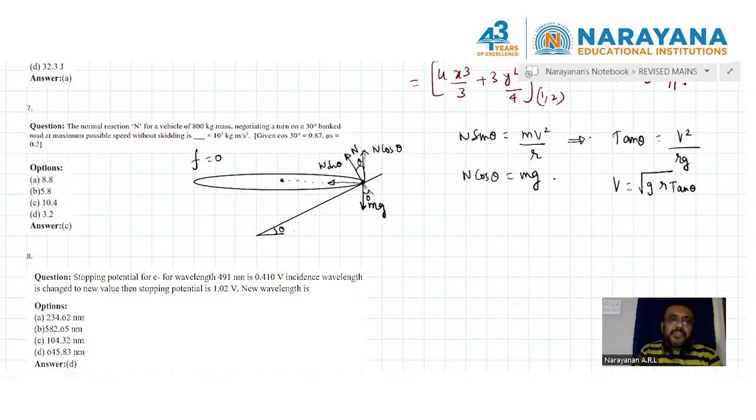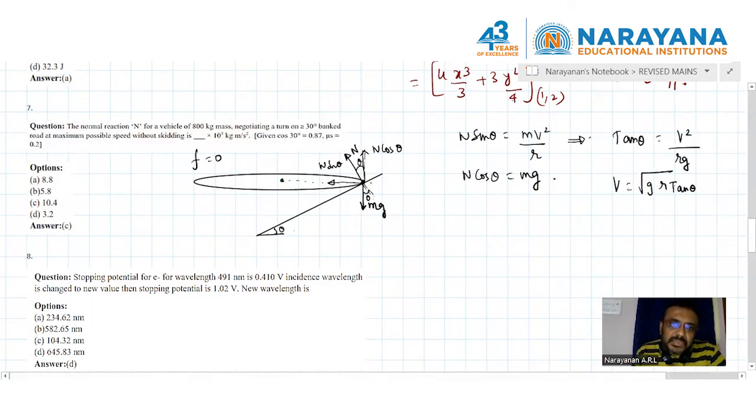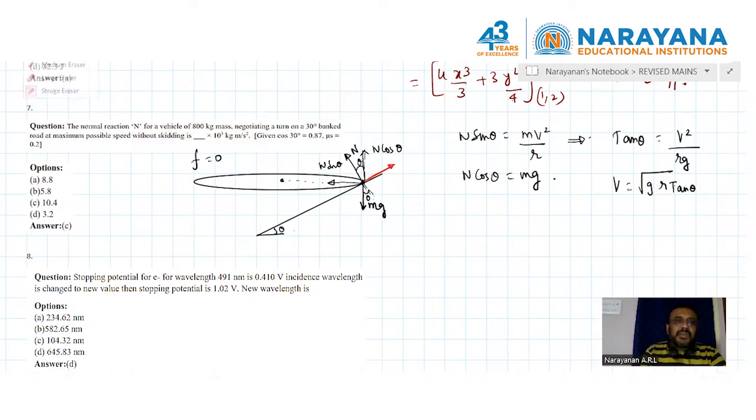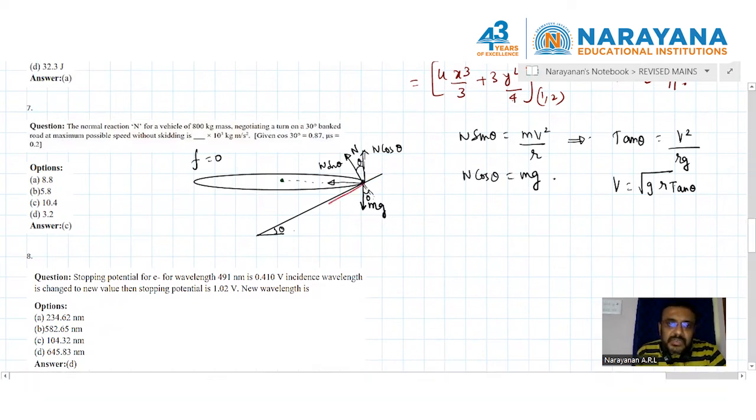Now, if we include friction here, what happens? Suppose I choose the direction of friction like this. For maximum possible speed, the tendency of the vehicle is to go up, right? So let me assume that the friction is going to act downward.